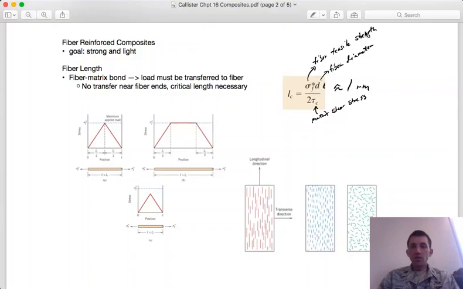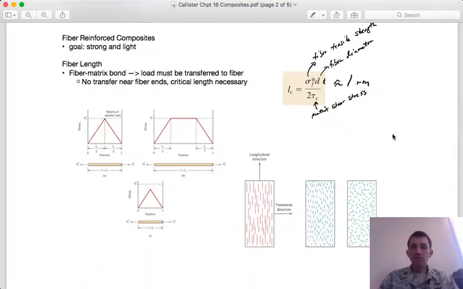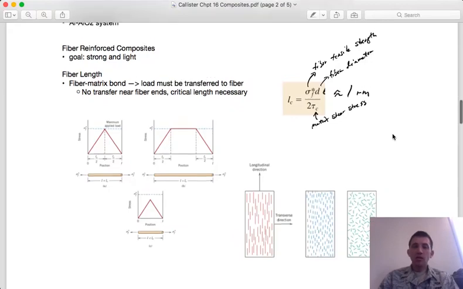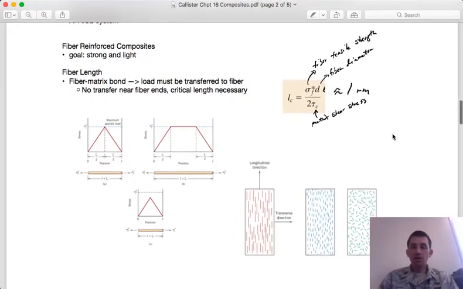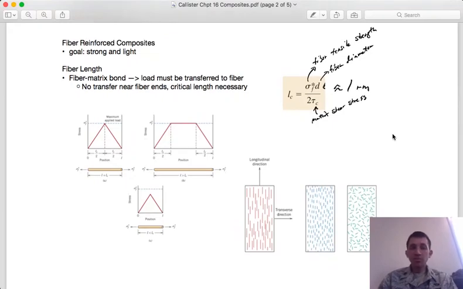So you'd have the fiber tensile strength, the matrix shear stress, and the fiber diameter. If you plug in nominal values for these, you get a critical length on the order of a millimeter. So we're not talking about needing huge lengths of fiber in order to develop this bond. But if you have really tiny fibers, it's going to act more like a particle than a fiber, which makes sense because its size and shape is more like a particle.